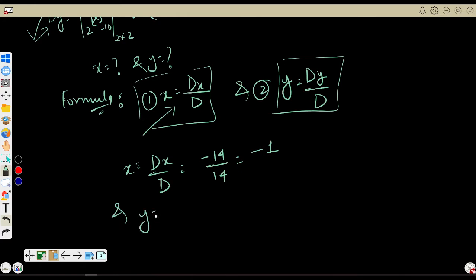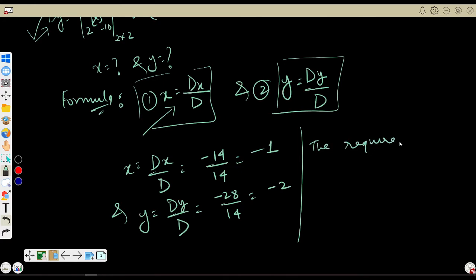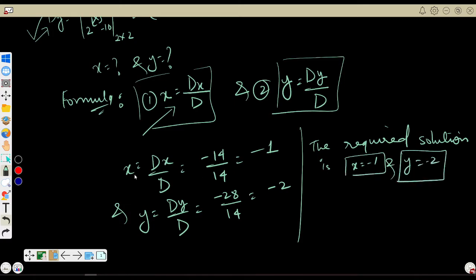And to find the value of y, the formula is dy divided by d, which is minus 28 divided by 14, which will give you the value minus 2. Therefore, I can say the required solution is x is equal to minus 1 and y is equal to minus 2. I hope this is clear to you.